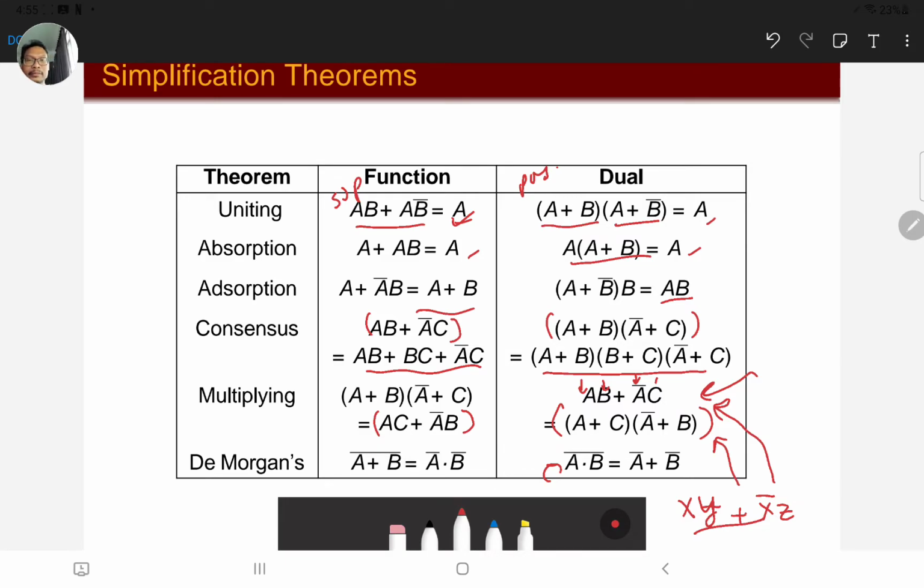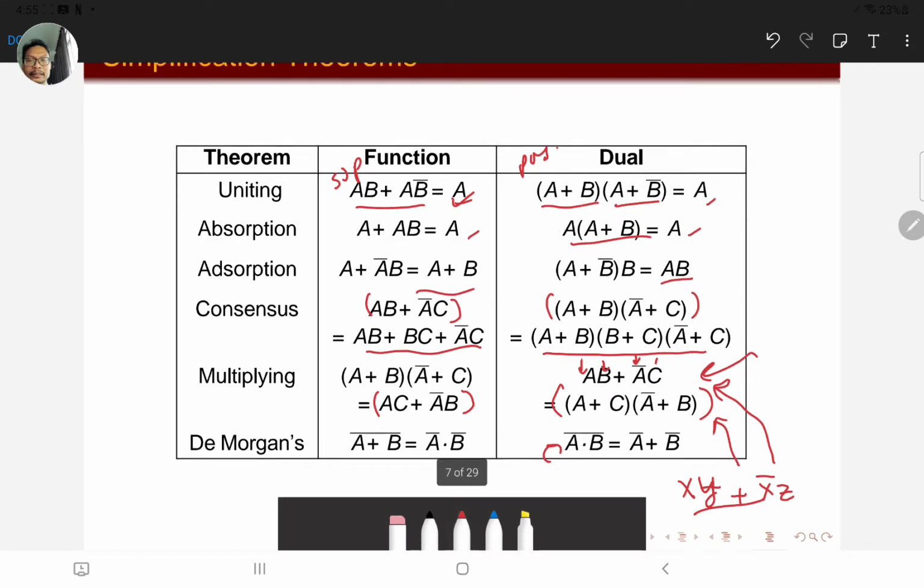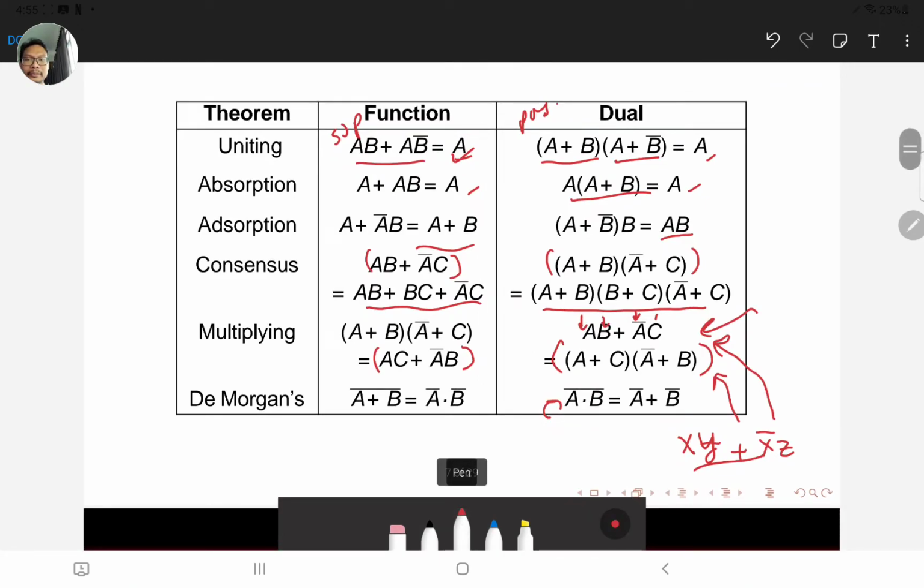And finally, De Morgan's theorem, we'll look into more details later on. But just as a quick look, it's quite simple, quite straightforward and very easy to remember. In De Morgan's theorem, if we have the NOR gate, A plus B bar, it can be simplified to A bar dot B bar.